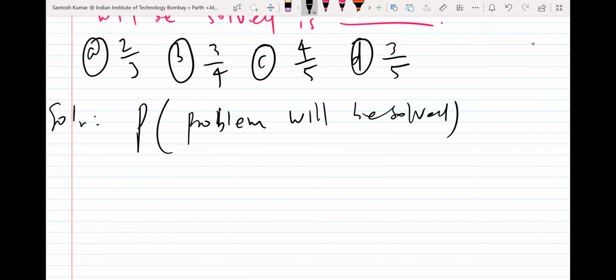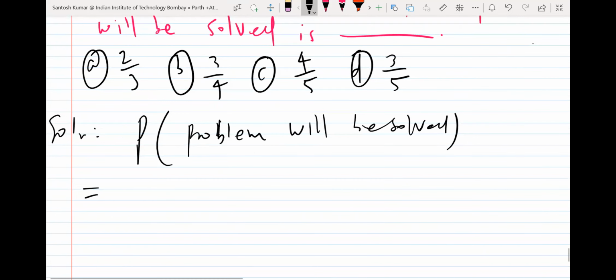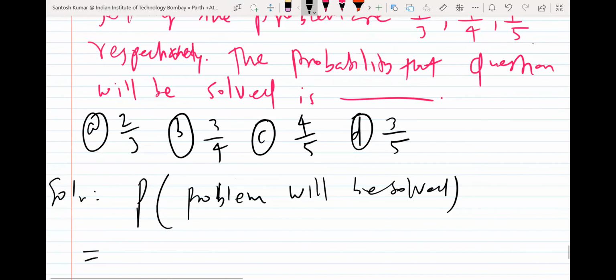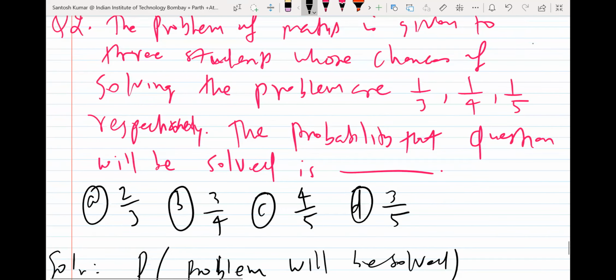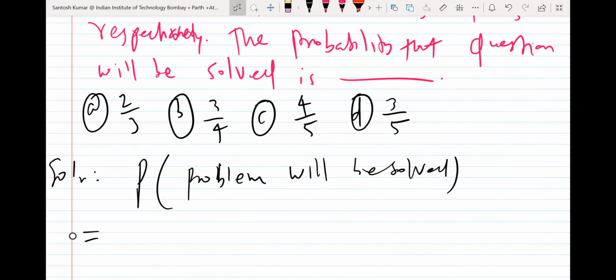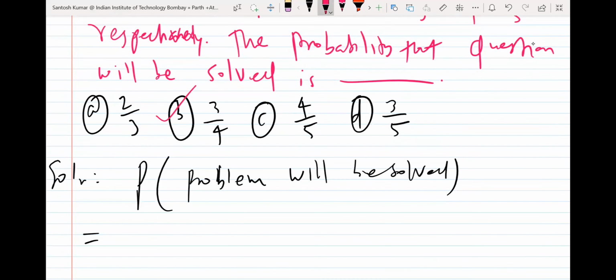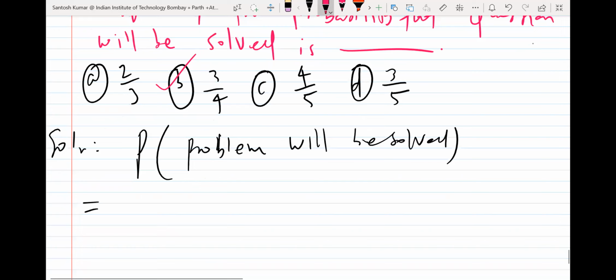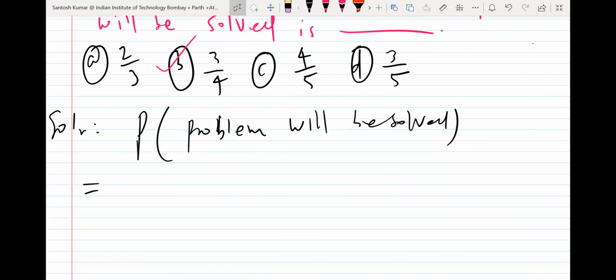So when do you think the problem will be solved? So 3 by 4. Okay, let's see. The problem will be solved means what? Who will solve?